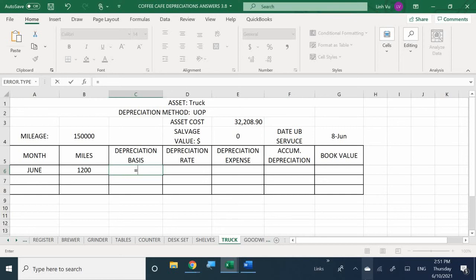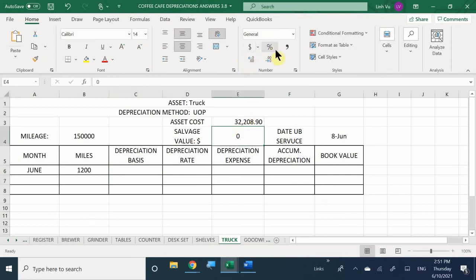For production. Units of production. I have it in my notes, but I do not have the formula.